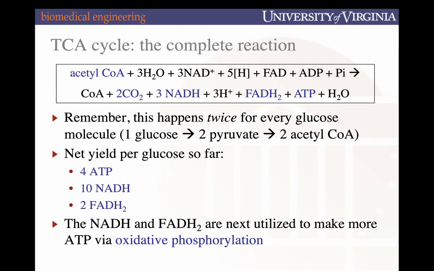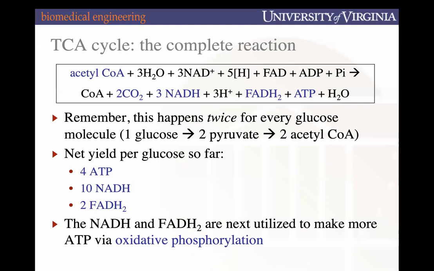But again, as I've tried to highlight, this is all happening twice because 1 glucose yields 2 pyruvate, which means from 1 glucose, we get 2 acetyl-CoAs. So our net yield for each glucose molecule is going to be 4 ATP because we get 2 in the TCA cycle and 2 from glycolysis.